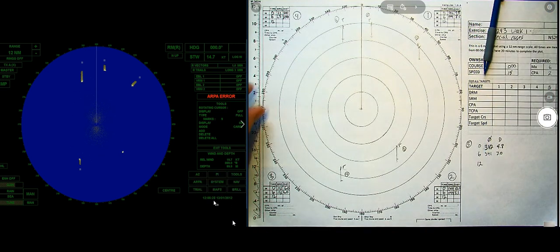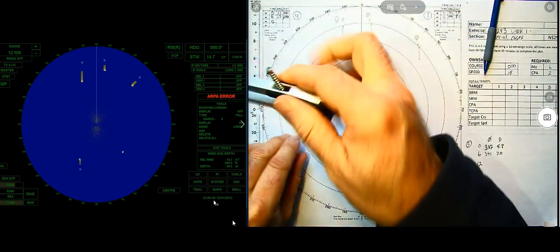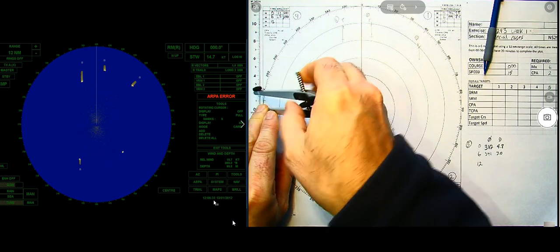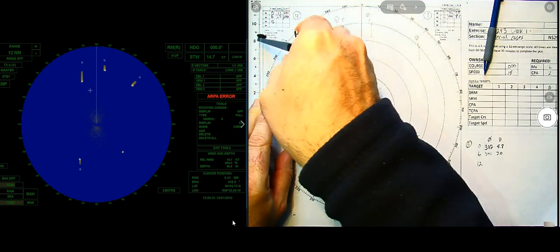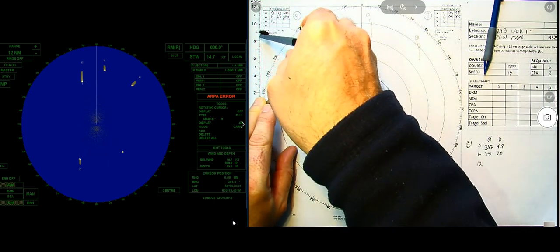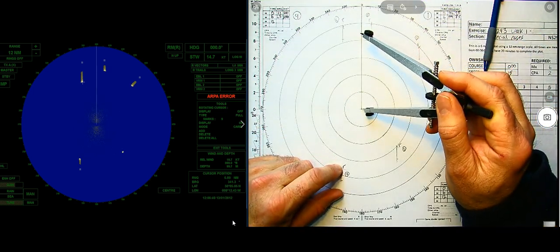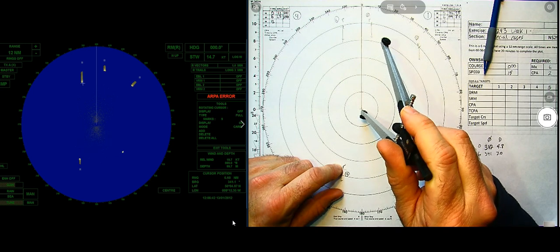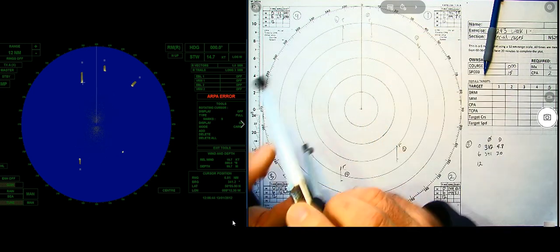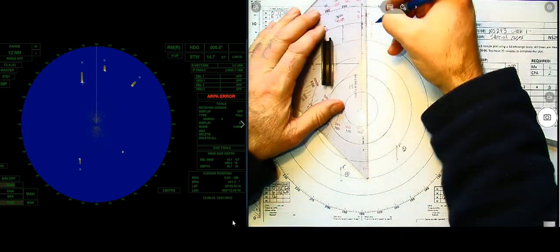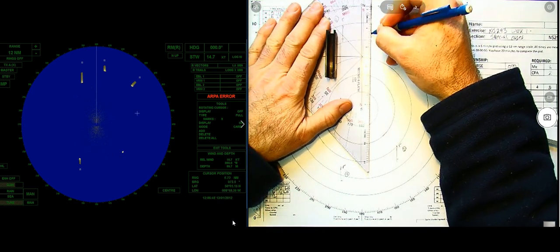So 8.5. I'm going to do target 1 here. Okay. So target 1, that's 8.5, and the bearing was 009. Oh, wait a second. Let me just fix this. All right.